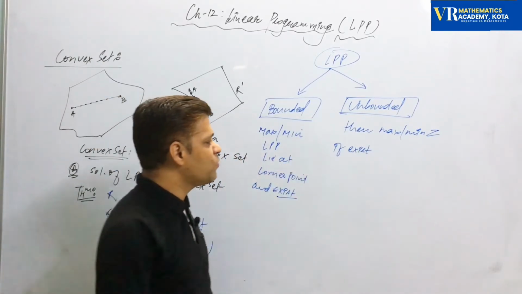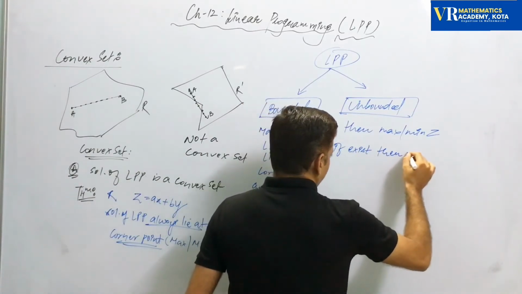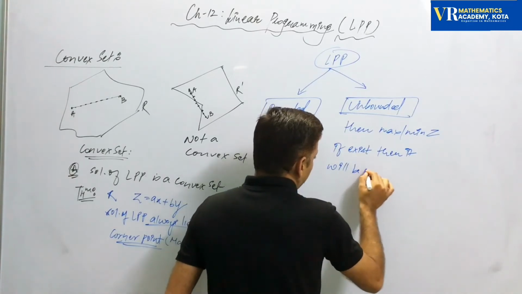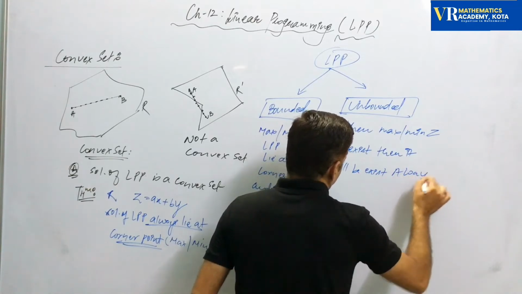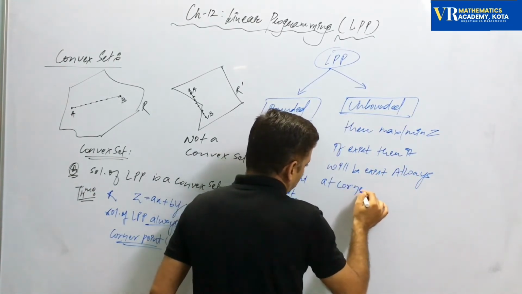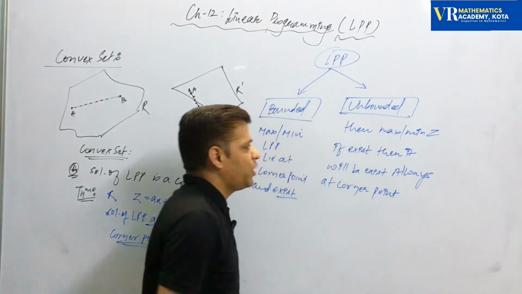If the maximum or minimum Z exists, then it will always be at a corner point.